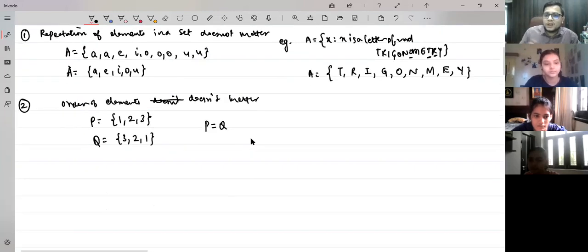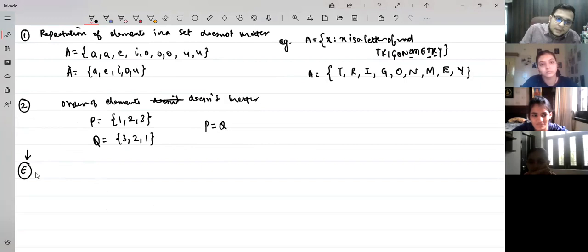Okay. The last thing that we talked about was this symbol. This is a Greek symbol, epsilon, and it means in mathematics belongs to. What do we use it for? Belongs to.